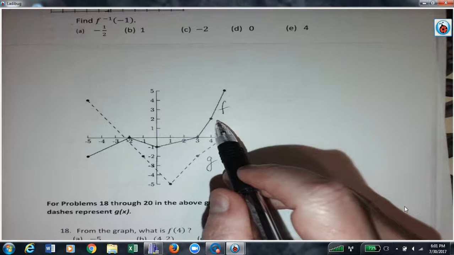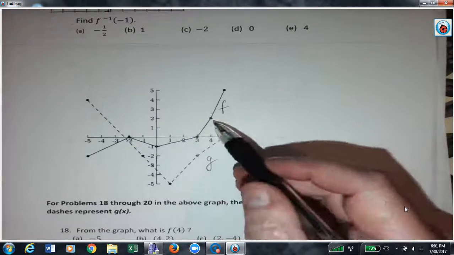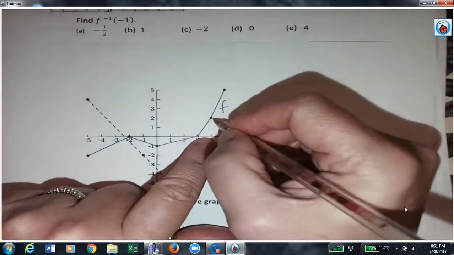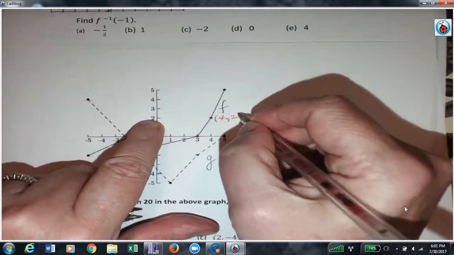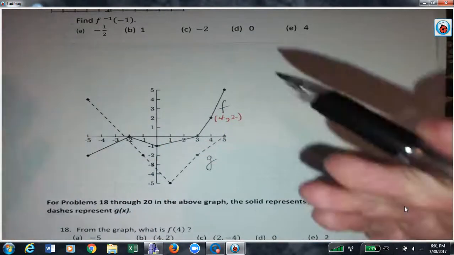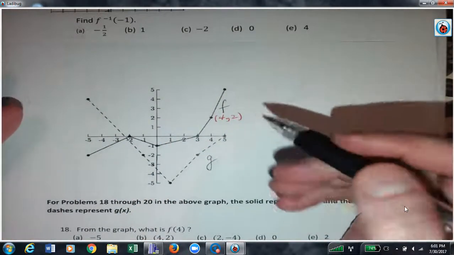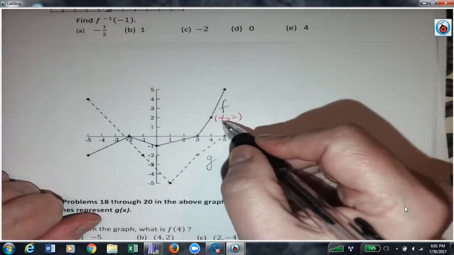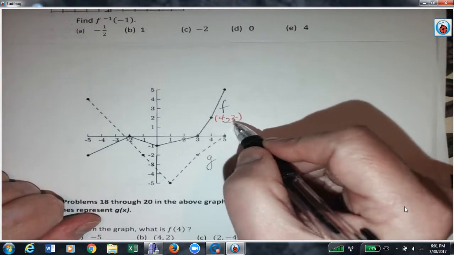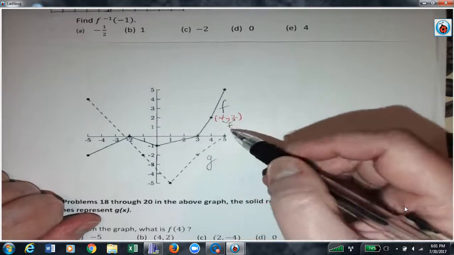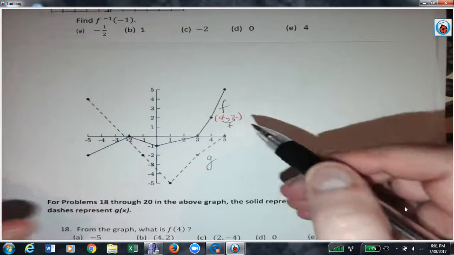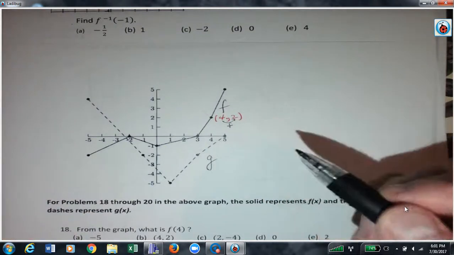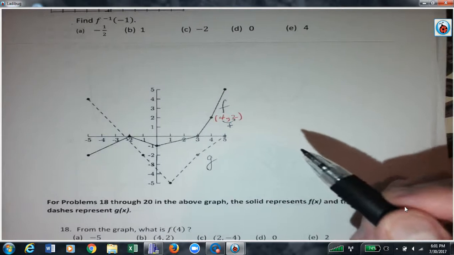And on the graph of f, I can see here is the point (4, 2). Now, what does a function do to a point on the graph? The function maps the x coordinate into the y coordinate. So f evaluated at 4 is equal to 2. The answer is 2. The answer is not the point (4, 2).